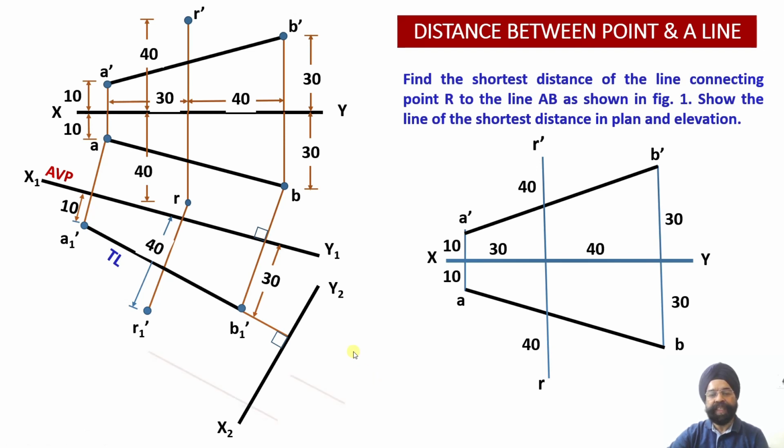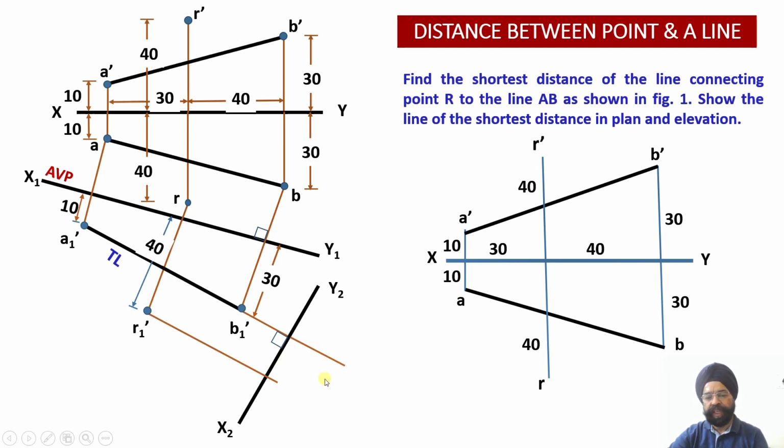So here once again I am going to project the A1 dash and B1 dash locus line. Similarly I am going to project the R1 dash locus line, that is these two projectors I have drawn over here. After drawing these projectors through the points A1 dash, B1 dash and R1 dash, now I want to determine the auxiliary plan onto AIP.